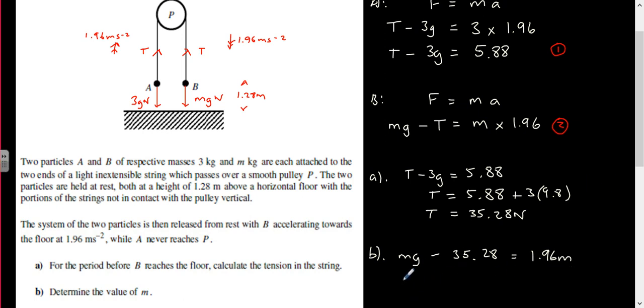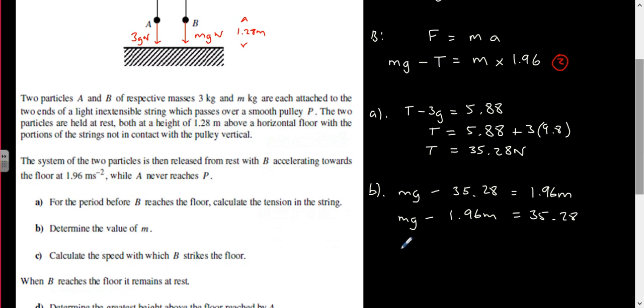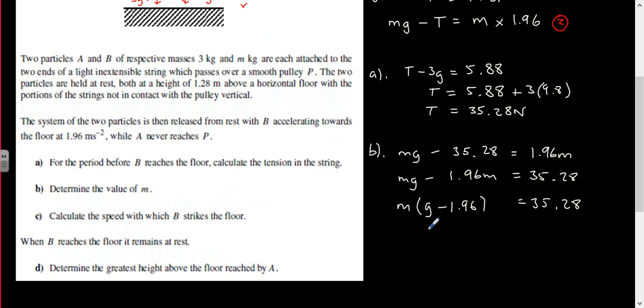All right, so I can say mg minus 1.96m equals 35.28. M times g minus 1.96 is 35.28. Remember, g is 9.8.